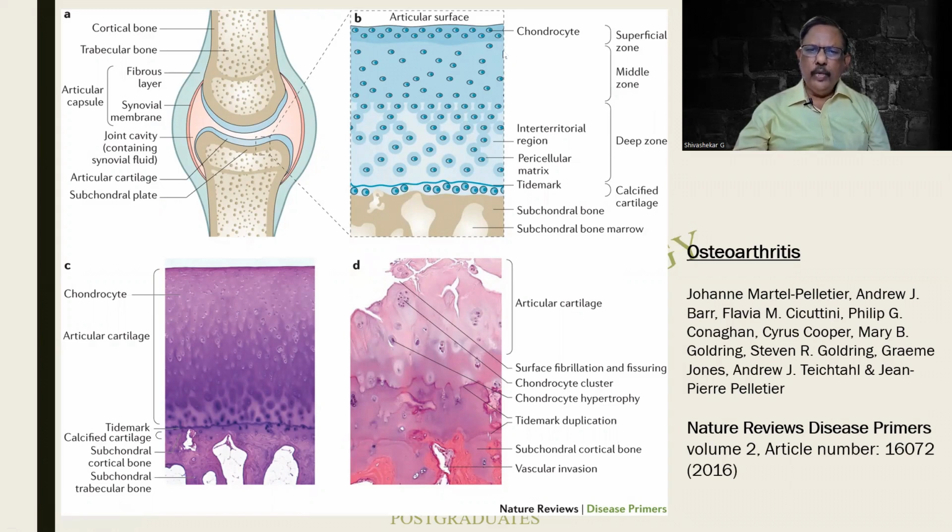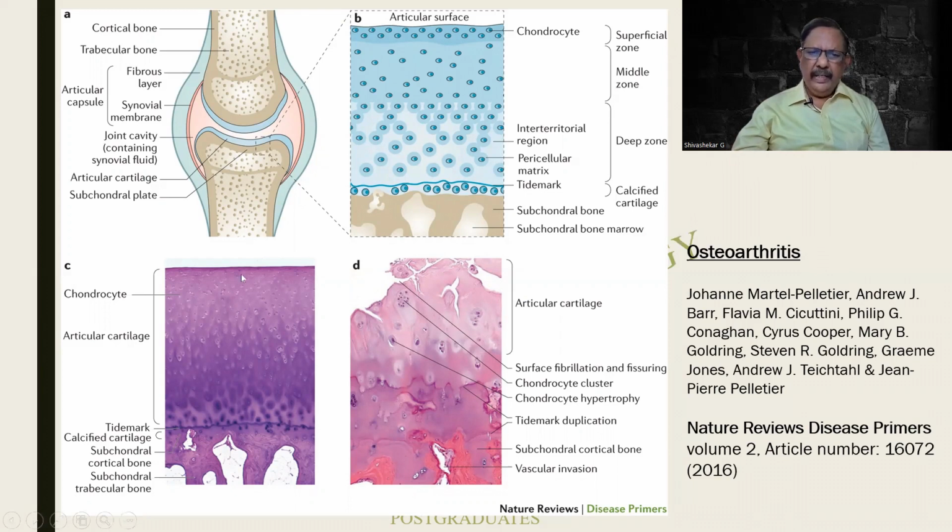As you go lower down, you find that there is an interterritorial region which is increasing. The matrix is increasing. And lower down, there is a subchondral bone. This particular line, as I had mentioned in one of the previous pictures, is called the tide mark, which demarcates. Tide mark, remember. Why it is important, we shall be seeing.